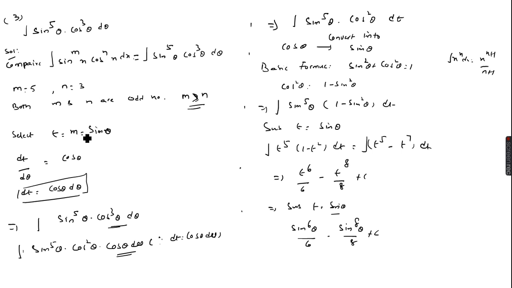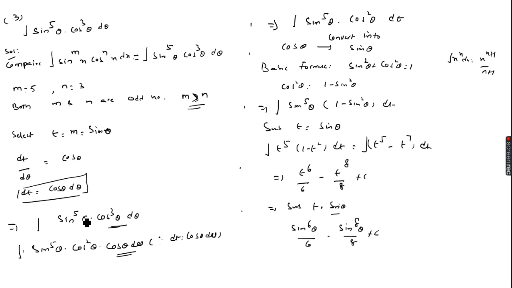So select t equal to the bigger element, that is m, that is nothing but sin theta. Differentiate t with respect to theta, the differentiation of sin theta is nothing but cos theta. Finally we can write that dt equal to cos theta into d theta.